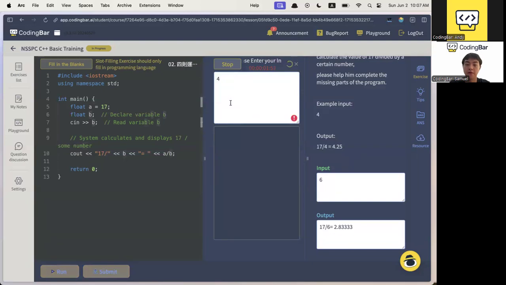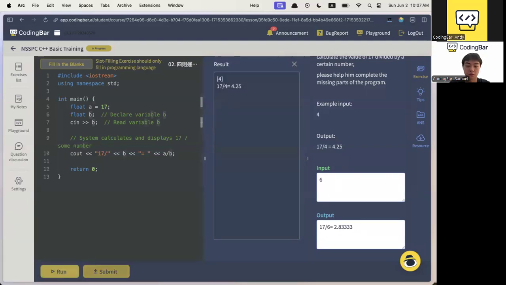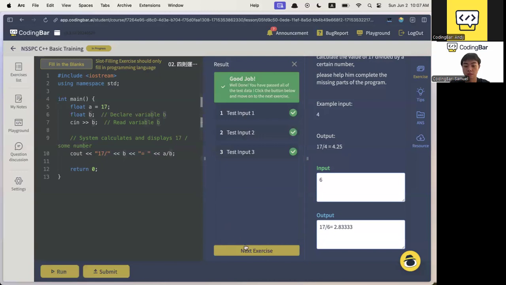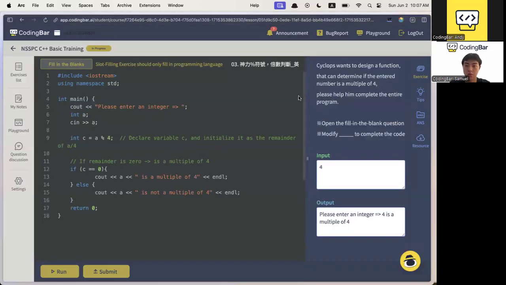So save it, submit it. And how about this? Cyclops wants to design a function that can determine if the entered number is a multiple of 4. Please help him complete the entire program.